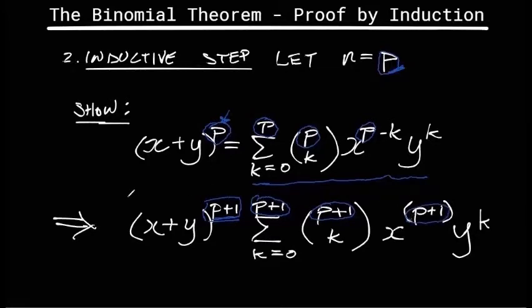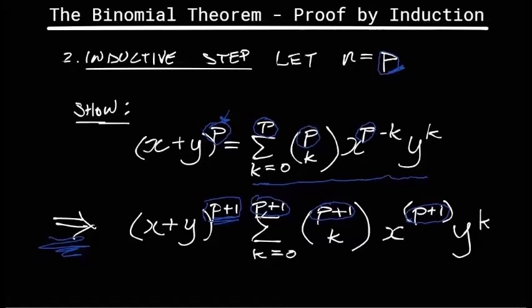So we're following our assumption to its logical conclusion. If this theorem is true for some integer, which we'll call p, then it has to be true for the integer that's one more than p.